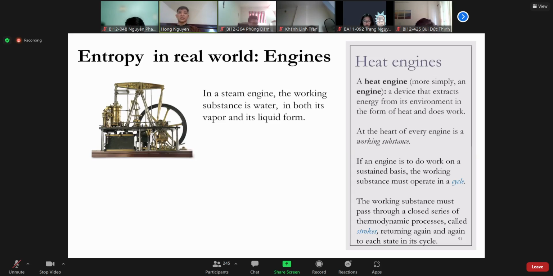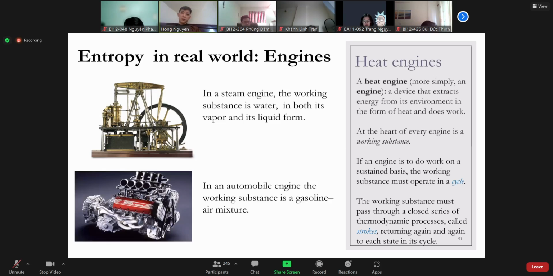Nowadays, in our motorbike, we have an engine working with the substance of a gasoline and air mixture. So these are several engines.